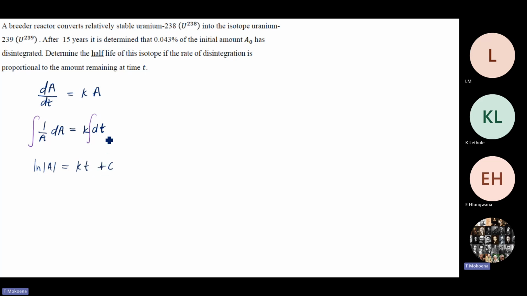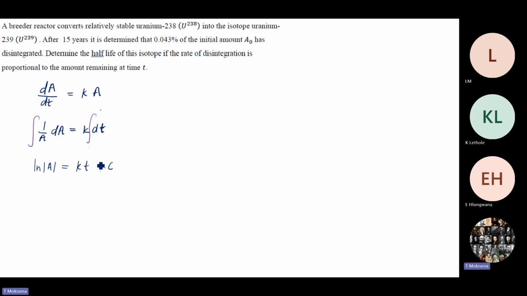Because we are talking about the indefinite integral. We don't have the bounds here and there, right? So that's it. Now from here, we have the general solution.